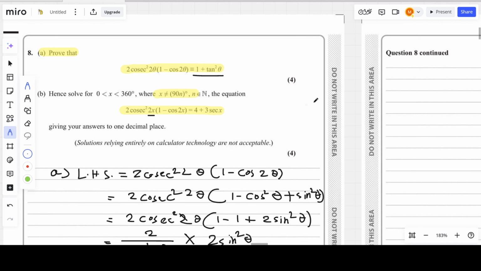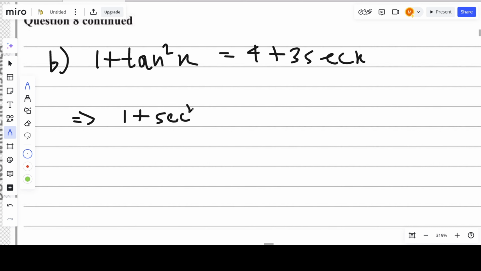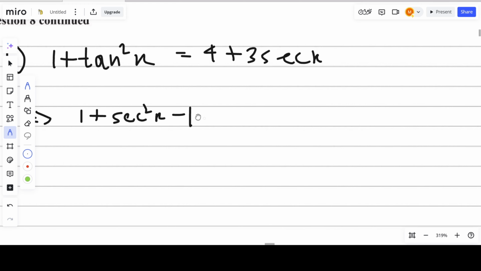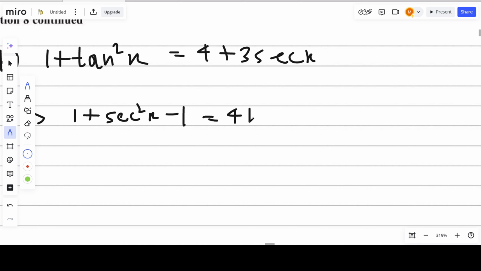So that can be written as what? Tan squared x. So tan squared x can be written as what? We know that sec squared x minus tan squared x is 1. So tan squared x can be written as sec squared x minus 1. So 1 plus sec square x minus 1 equals to 4 plus 3 sec x.